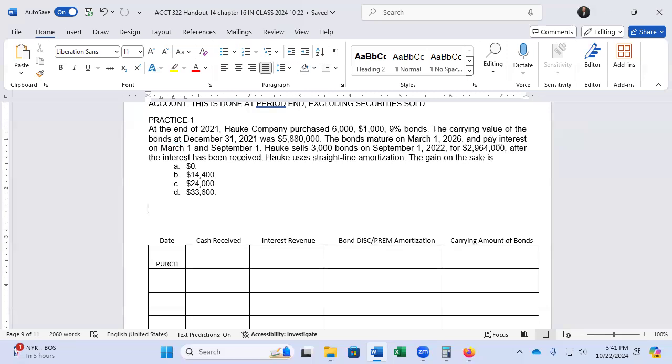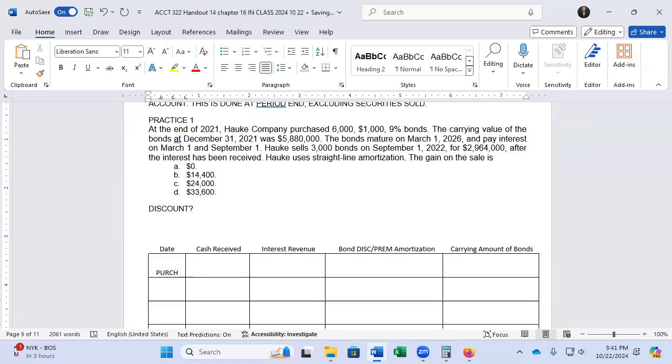Okay, so let's figure out what was the discount. Base value equals 6,000 times 1,000, which equals 6 million.